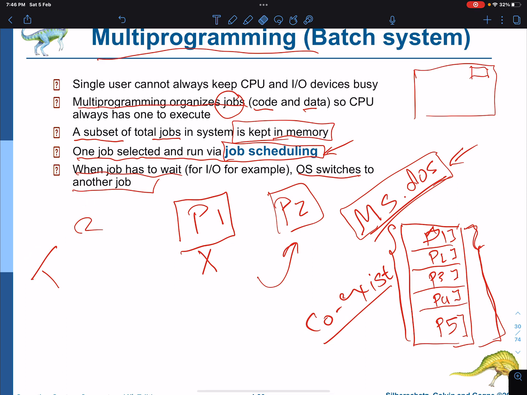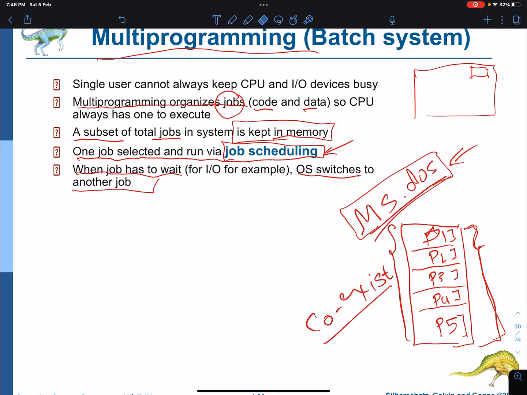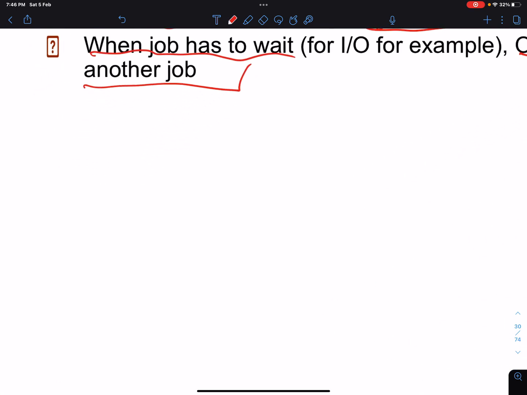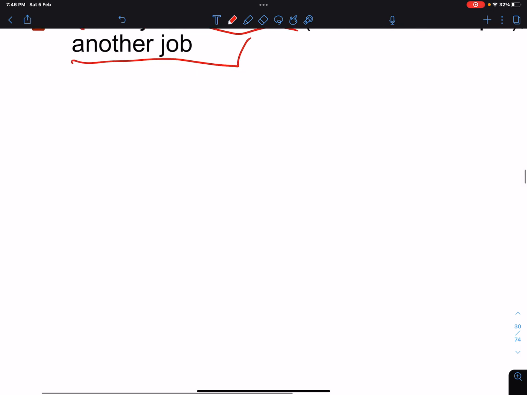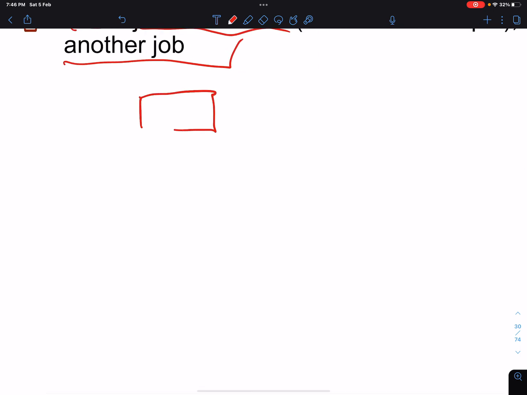Let's say you are in McDonald's in front of the cashier. This is the cashier. And we have people waiting in line to be served by the cashier, okay? This cashier is our CPU, by the way.